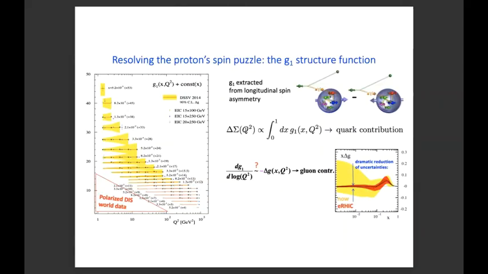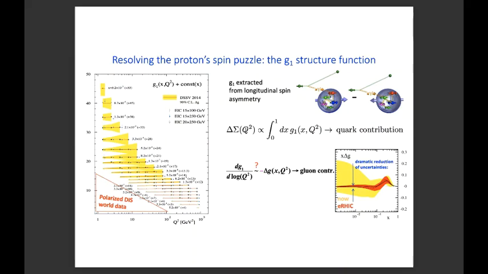So here's the slide, which hopefully will address Larry's point. What you do in practice to extract the components of the proton spin, in particular the quark helicity, is you look for asymmetries in the scattering. So you have a polarized electron scattering off a polarized proton, as shown here by these arrows.